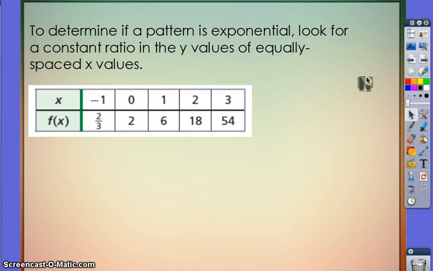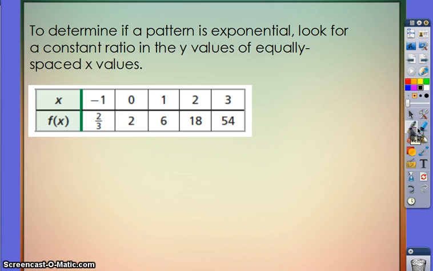All right, so as you've probably picked up in class, the way to determine if a set of data is exponential is you've got to look for a constant ratio in the y values between equally spaced x values.